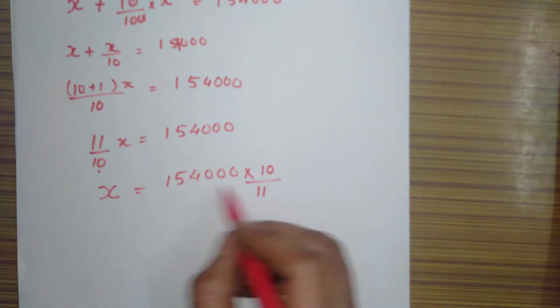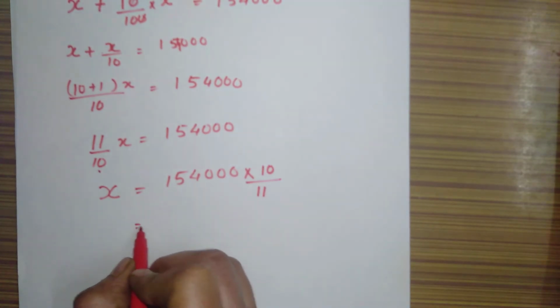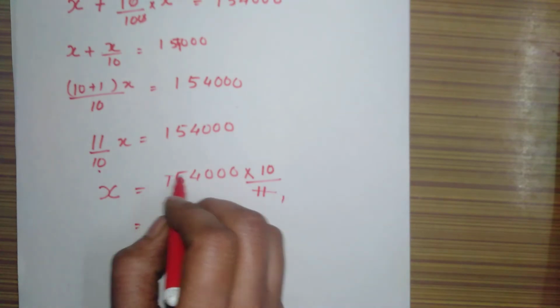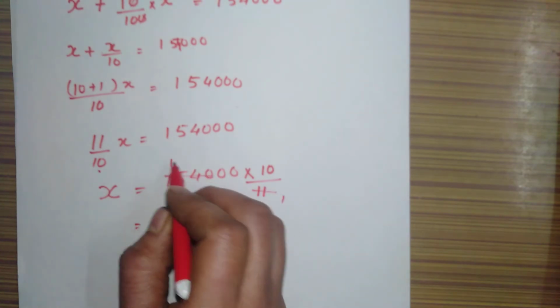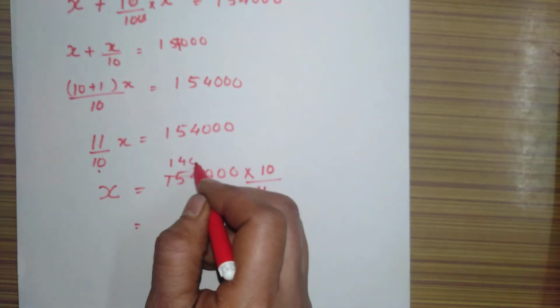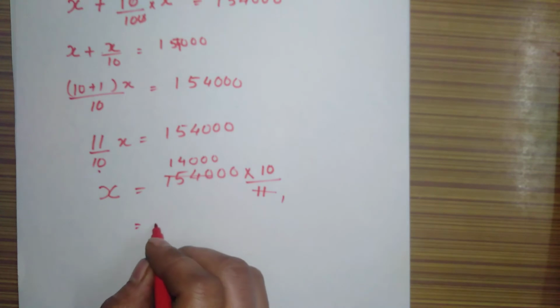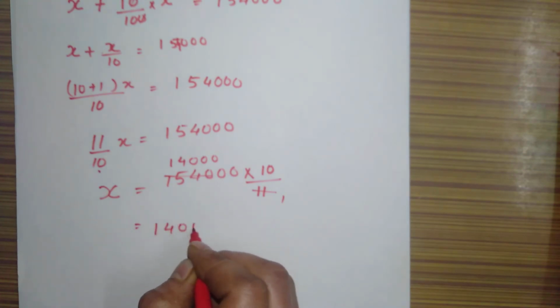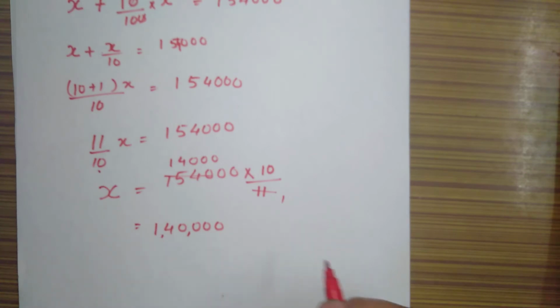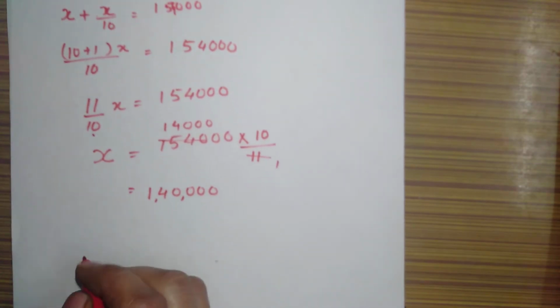Now from 11 you have to cancel out this. 11 ones are 11, 11 ones are 11, 11 fours are 44. 1,40,000. This was the original salary.